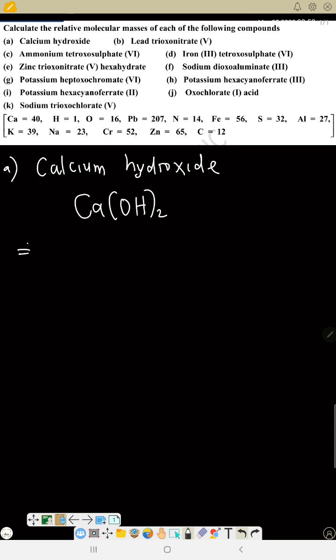So now let's split it. This is calcium, O2, H2. Remember the subscripts here are 1 and 1, and I told you the number outside will multiply the subscripts inside. So 2 times 1 is 2. So now this will become Ca, that is 1 calcium, plus how many oxygen?